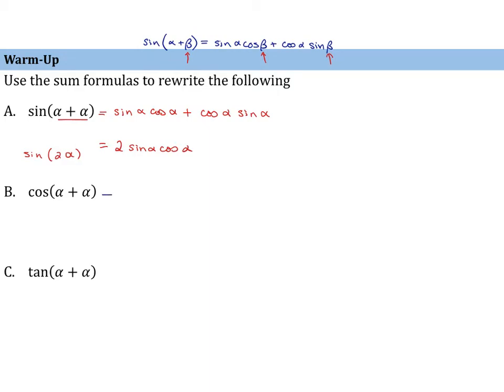Likewise, cosine of alpha plus alpha is cosine of 2 alpha, and that is cosine of alpha cosine of alpha minus sine of alpha sine of alpha, but that's cosine squared of alpha minus sine squared of alpha.